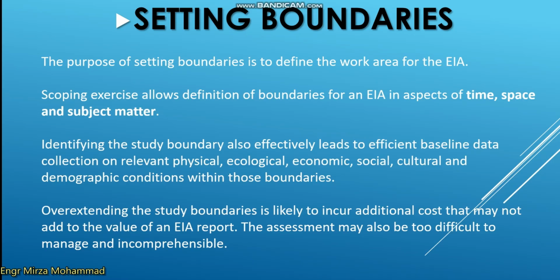Because sometimes when we are working on the environmental impact assessment, we might be dealing with small particles that may travel several kilometers. Sometimes we might be dealing with point elements or point pollutants. If we set a boundary up to a certain limit, the point source might go even further, exceeding that limit.